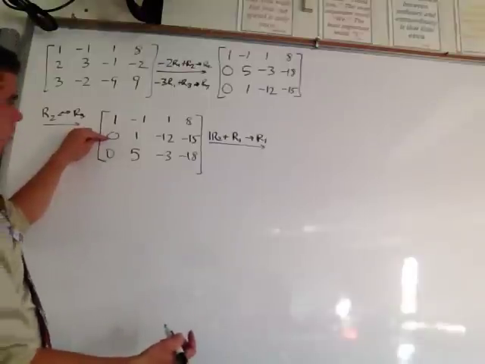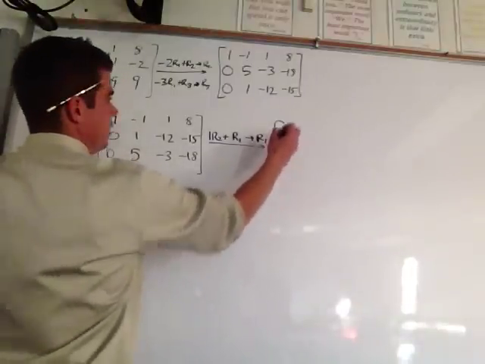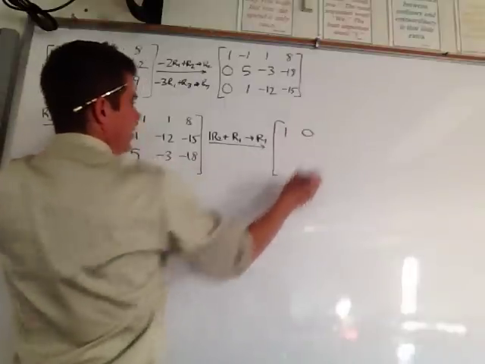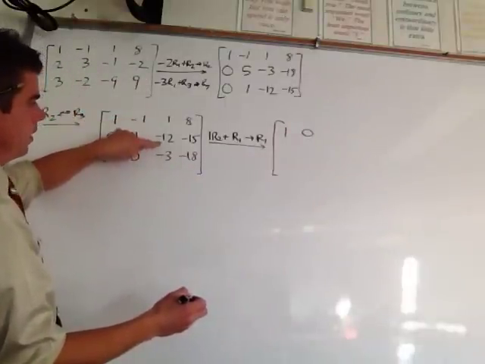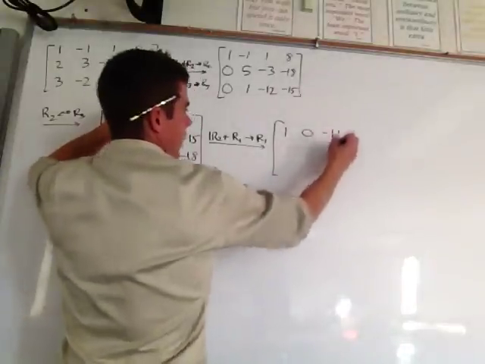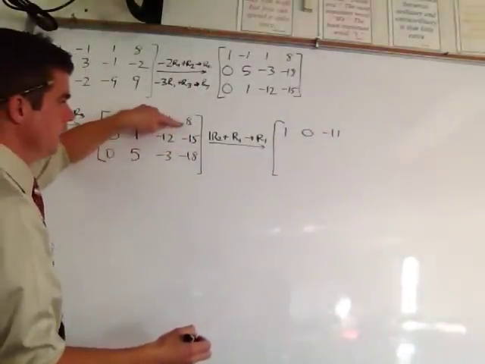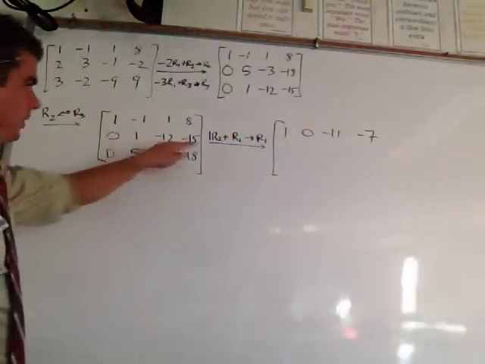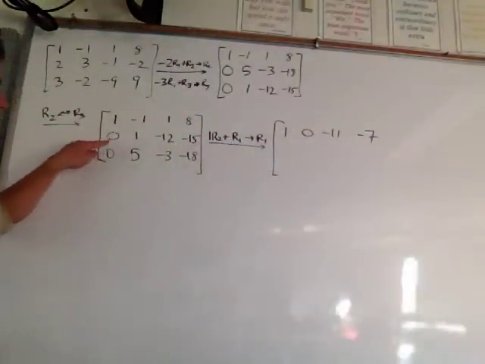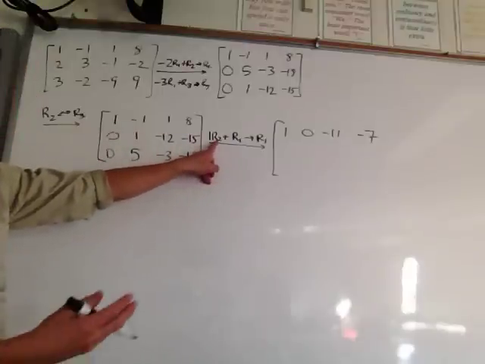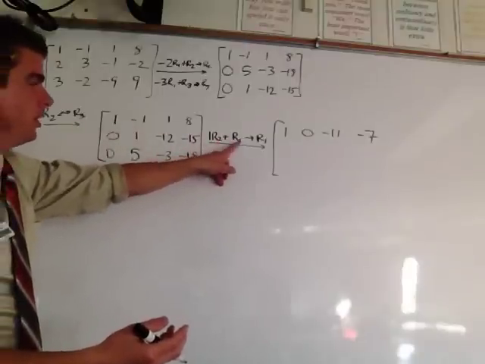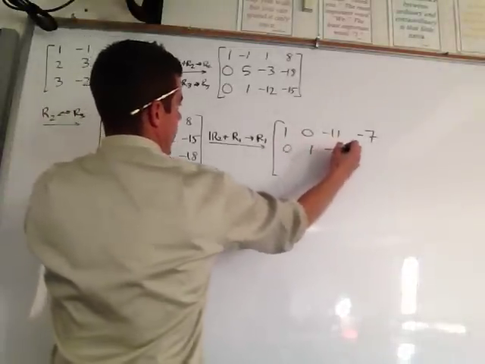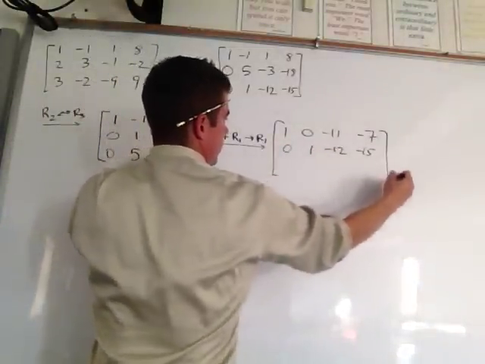So 1 times 0 is 0, plus 1 is 1. 1 times 1 is 1, plus negative 1 is 0. 1 times negative 12 is negative 12, plus 1 is negative 11. 1 times negative 15 plus 8 is negative 7. We have not changed row 2. Row 2 does not change, all we're doing is changing row 1. So I'm still going to keep 0, 1, negative 12, negative 15.